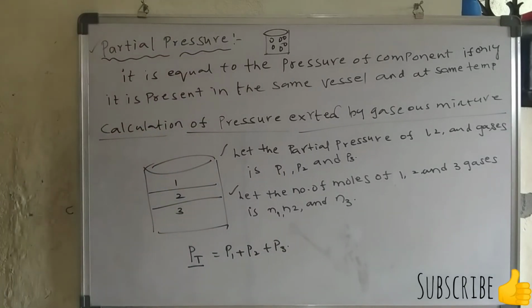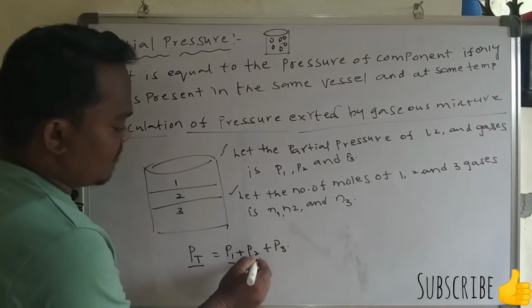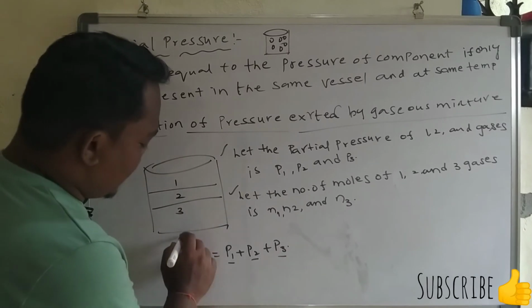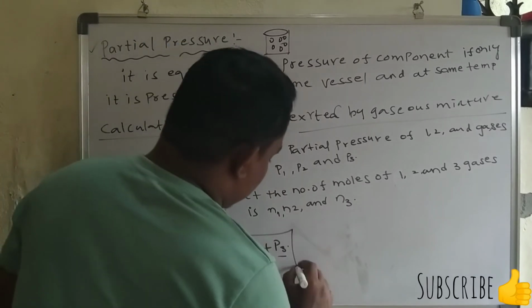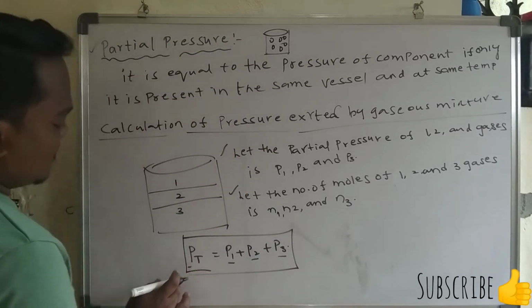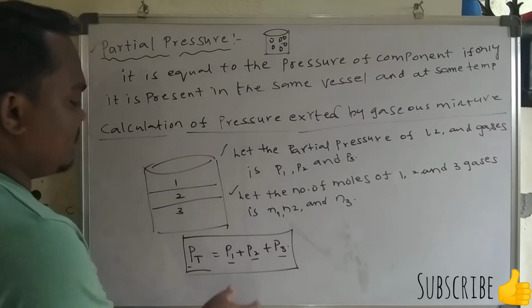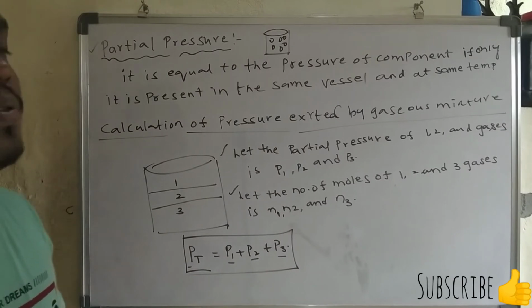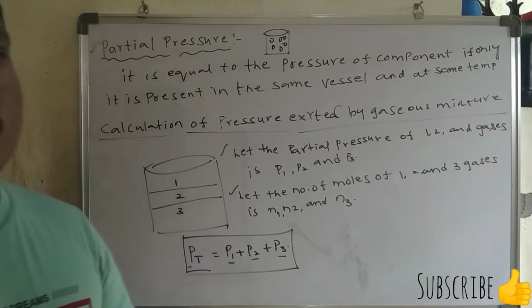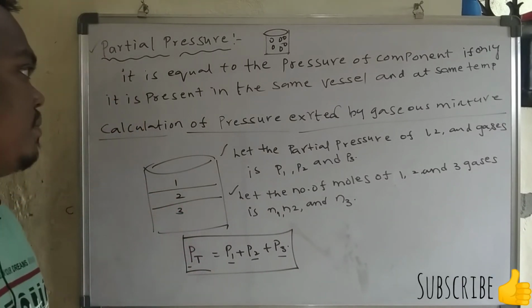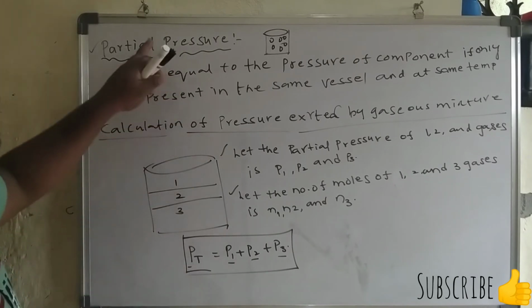This is what we call the total pressure exerted by a gaseous mixture. Now we are going to calculate the partial pressure of each component present in the gaseous mixture, right? So let me calculate.